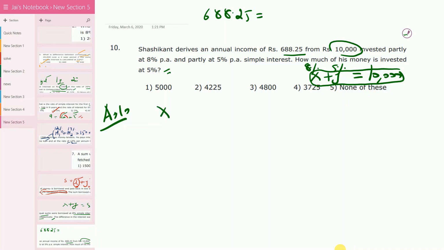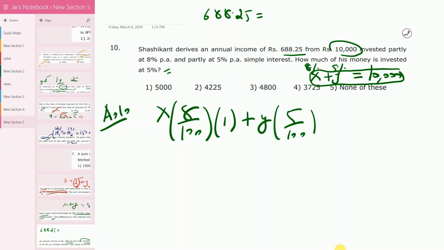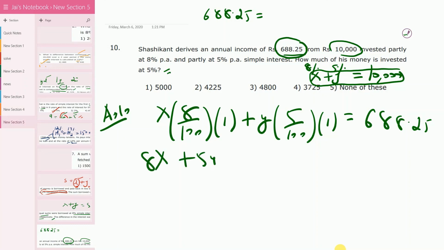Now they are saying that it is invested at 8% per annum and another amount is being invested at 5% per annum. So the amount he derives is rupees 688.25. It is already given in the question, and the value of x plus y is 10,000. So from here you can calculate 8x plus 5y is nothing but 688.25.